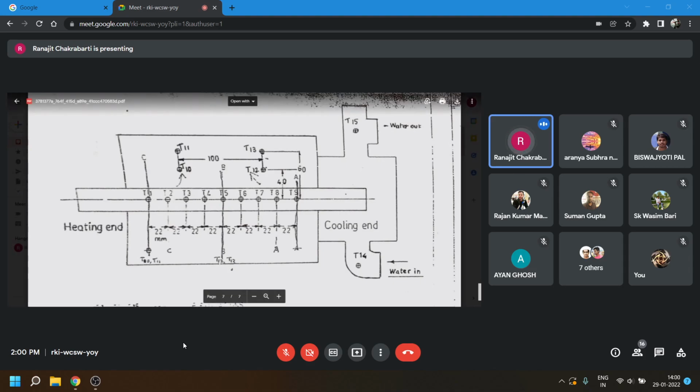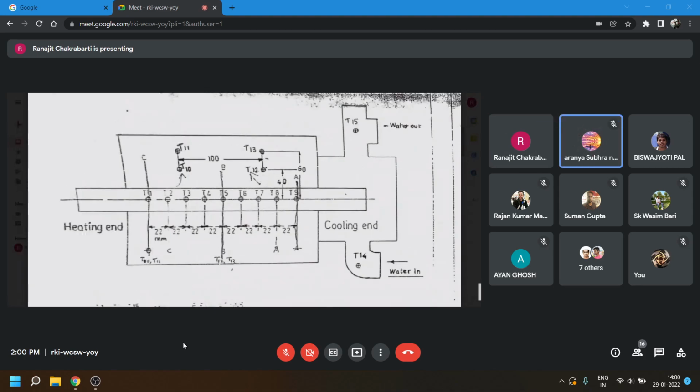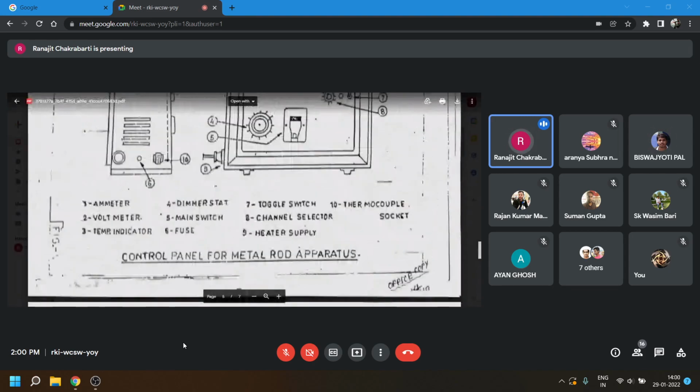That will tell us about the nature of variation of thermal conductivity with temperature. Is that clearly understood? Yes, sir.